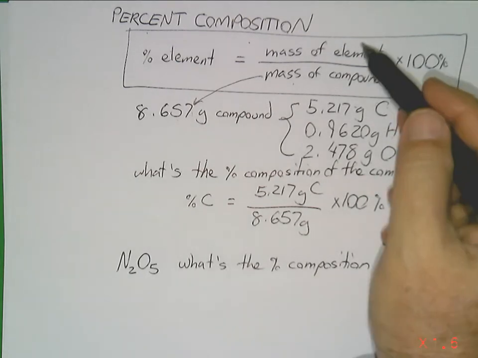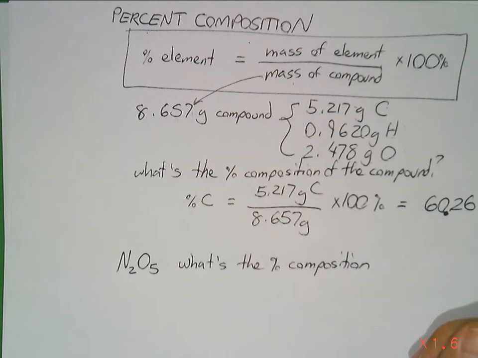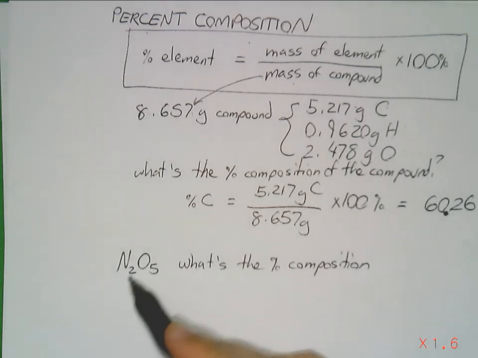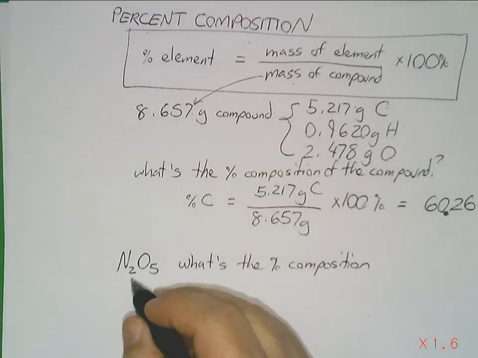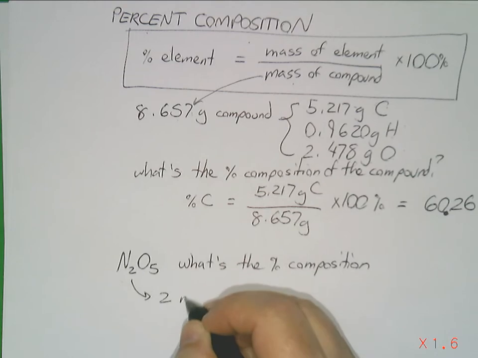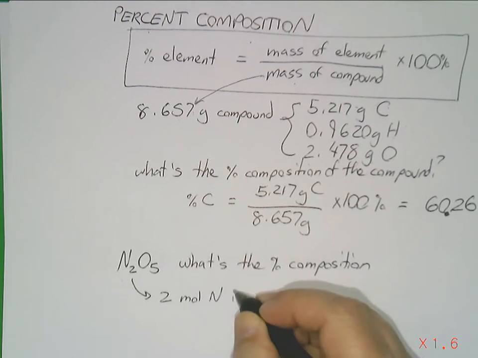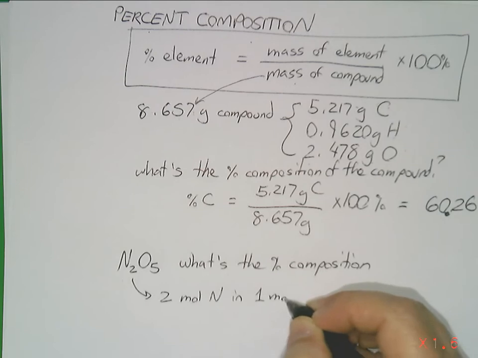So how? Well, we're going to use this formula again. If I want to look at how many grams of nitrogen are in here, what does this formula tell me? It tells me that there's 2 moles of nitrogen in every 1 mole of compound.